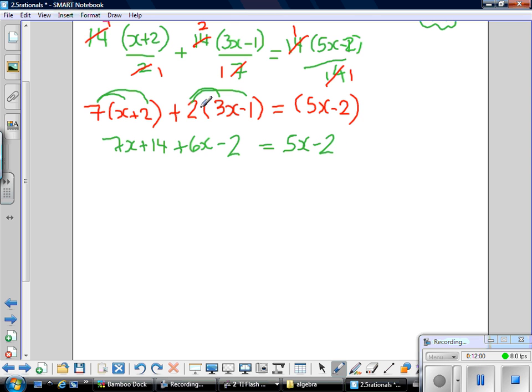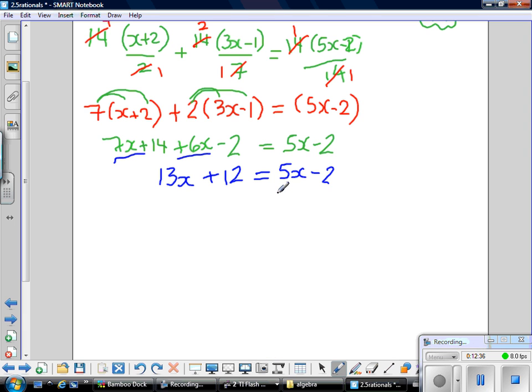Now I have quite a few terms on this side, so that probably means something goes together. So let's take a look. What goes together here? I have 7x and I have a positive 6x, so I have 13x's. I have a 14 minus a 2, so I have plus 12. Next step, I want to get all my variable terms to one side, all my constants to the other.